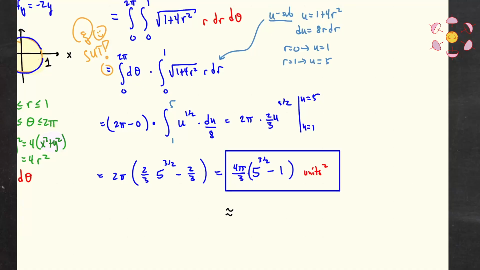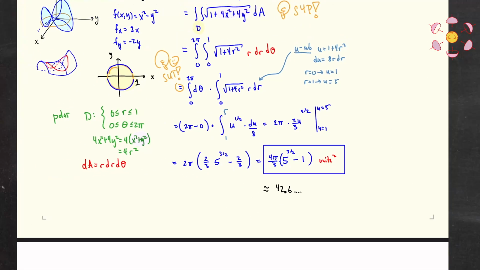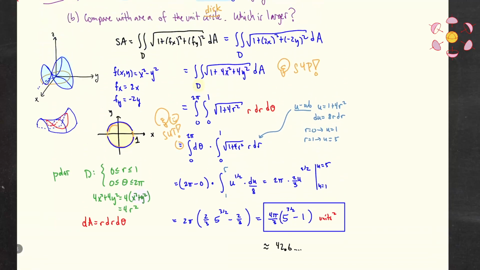So we got 4 pi over 3 times 5 to the 3 halves minus 1. Okay, so it's about 42.6, giving us, yeah, much more than the area of the unit disk. So there you have it.